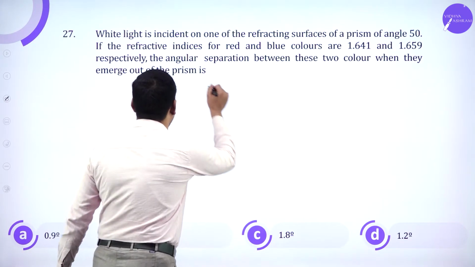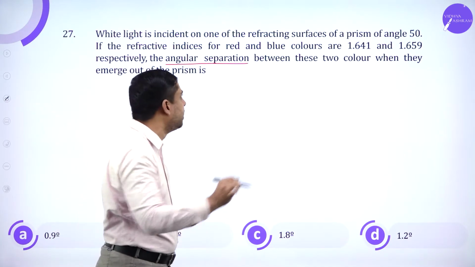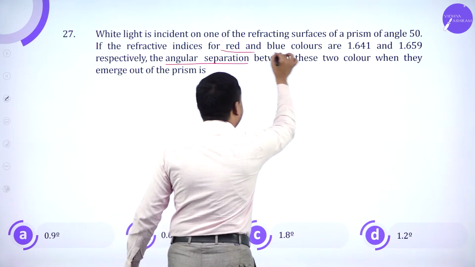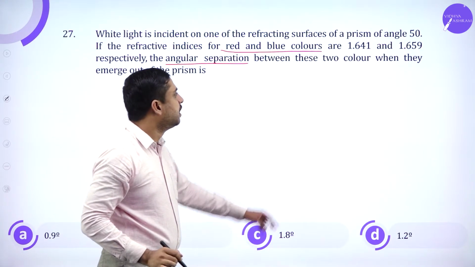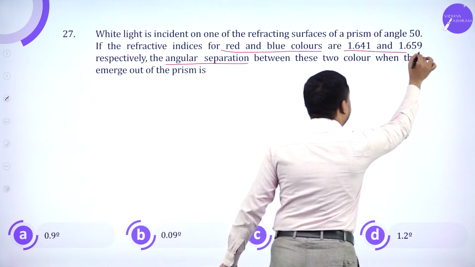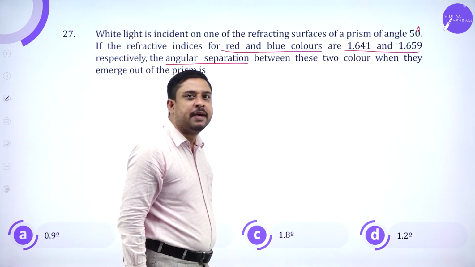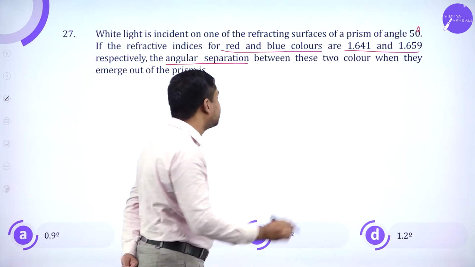So we have asked the angular separation for red and blue colors. The refractive index of the two colors is given and the angle of the prism is 5 degrees.